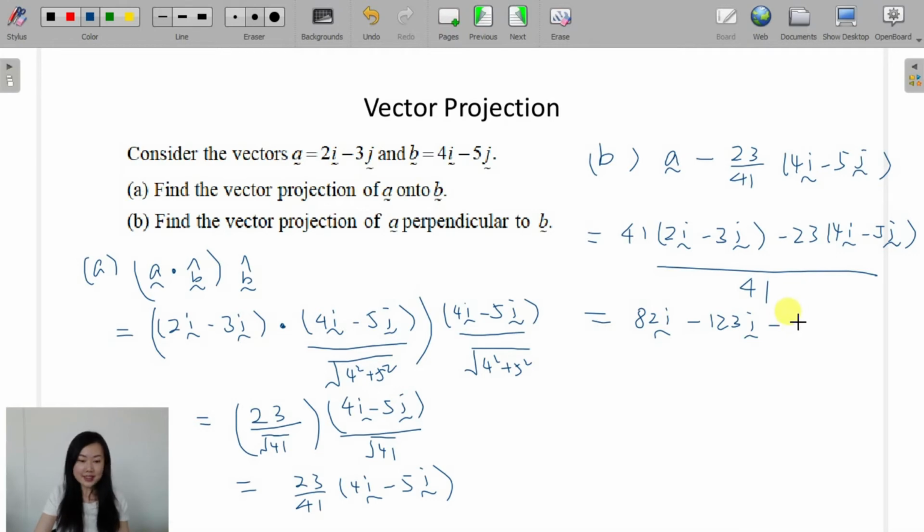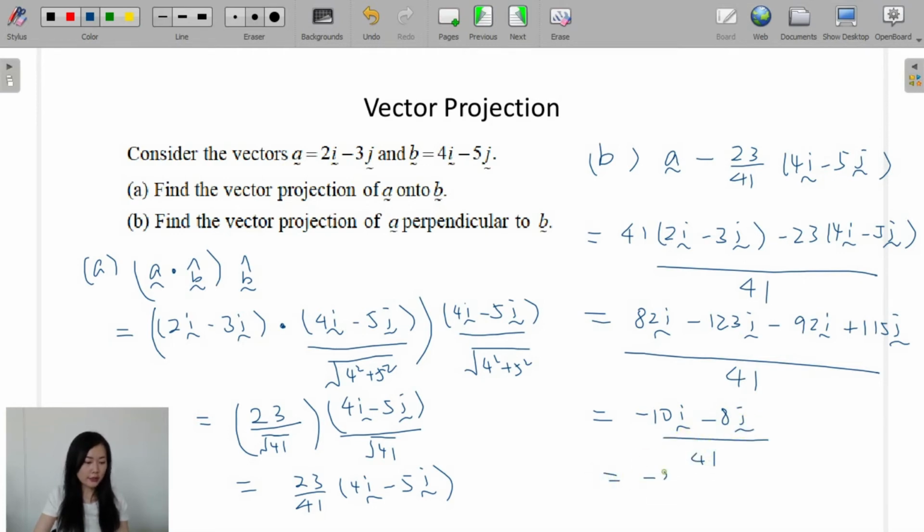I think my i's and j's are getting a little bit mixed up now. Let's see. All right, and then you just clean that up. So that should be minus 10i minus 8j. And I'm just going to factorize it.